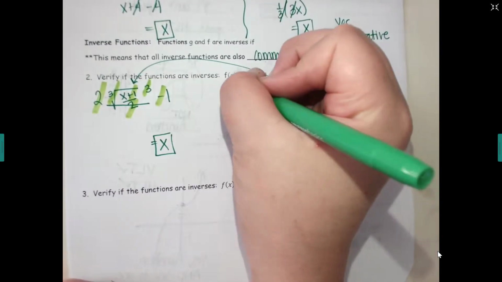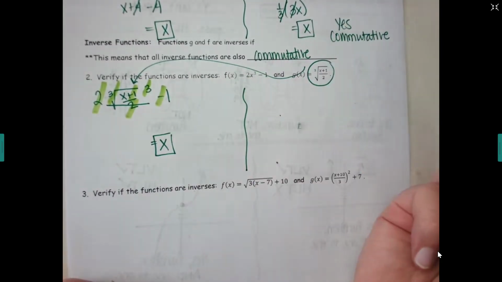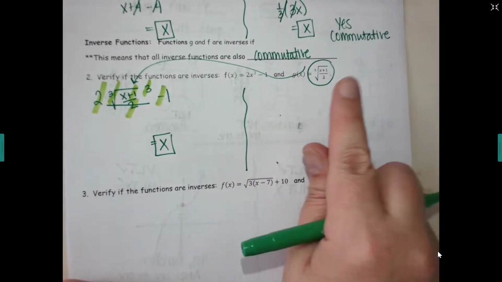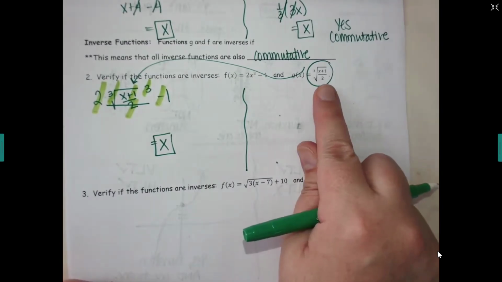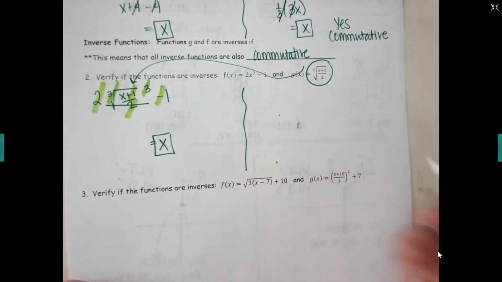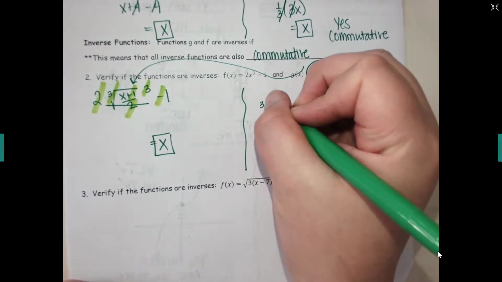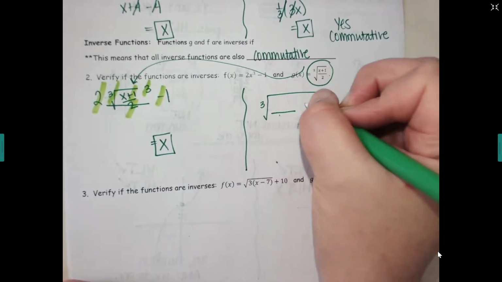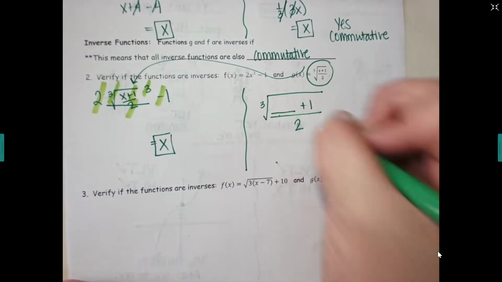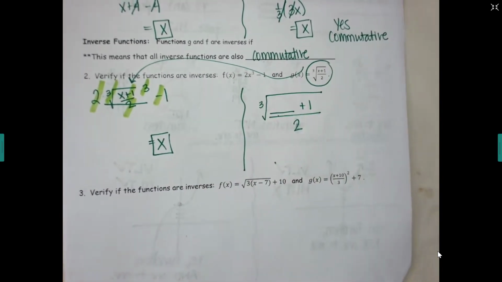Now, if we do the other side, we should get the exact same thing because they're inverses. So I'm going to start with this formula, but I'm going to leave a blank where the x is, and then I'm going to plug this one into that spot. So big cubic root, x plus 1 over 2. And then in that blank where the x was, I'm going to plug my 2x cubed minus 1.